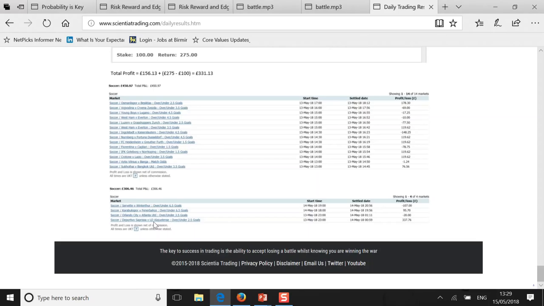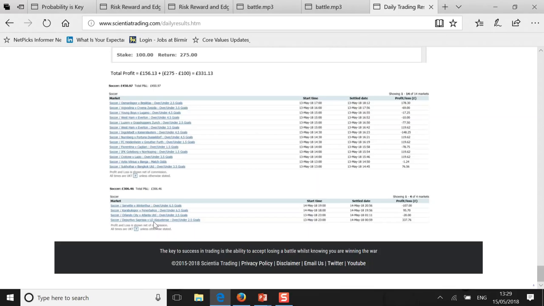But what happened, it got to 23 minutes and it was still 0-0. So what I decided to do, I thought, well, let me go in and place a trade. The price on the over 2.5 had actually started off at evens. I think it was about 2, which I thought was a bit strange, considering that this was a game with high potential.